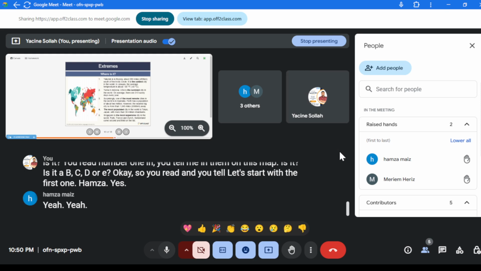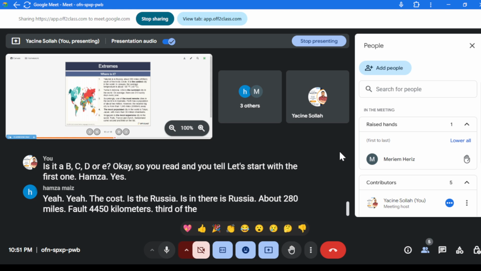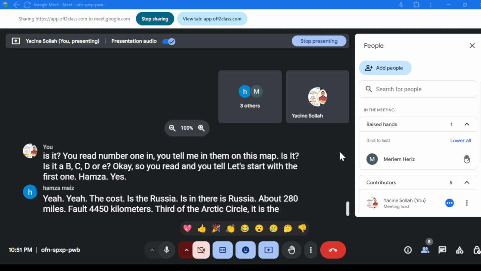Yakutsk is in Russia, about 280 miles, 450 kilometers south of the Arctic Circle. It is the coldest city in the world.